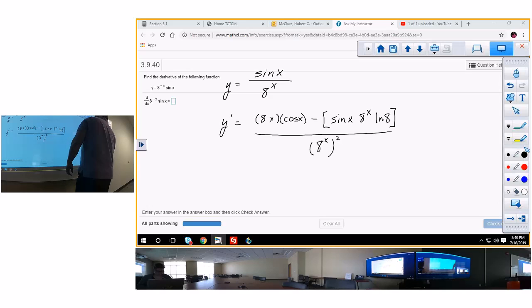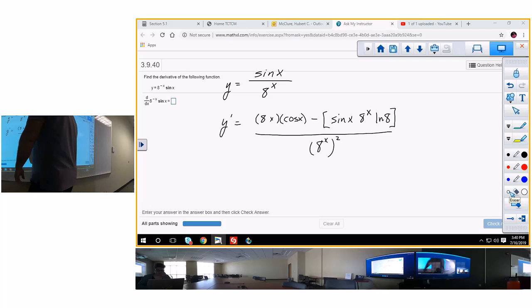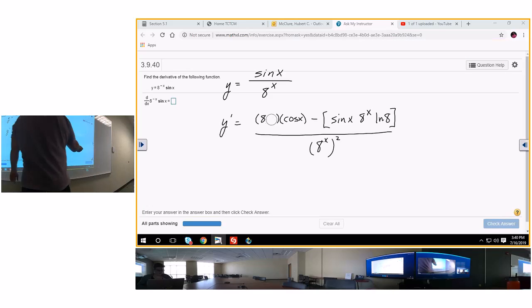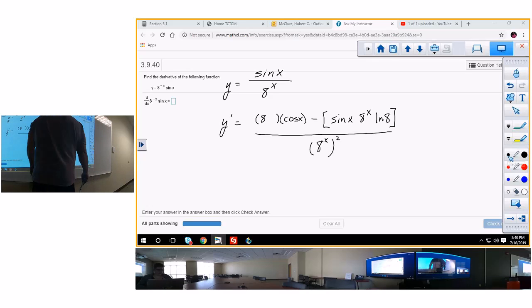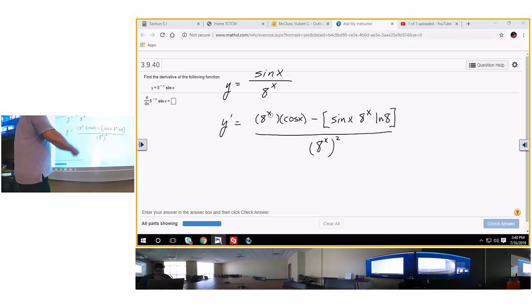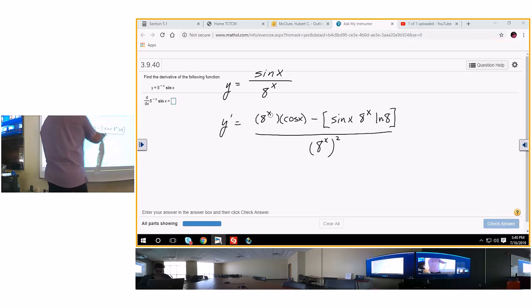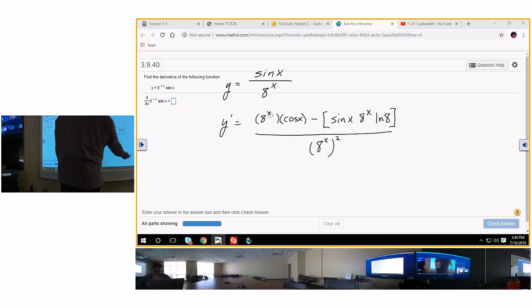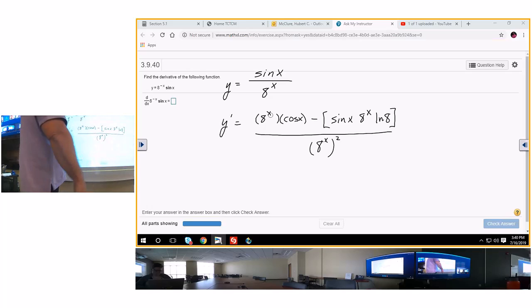It's a whole lot easier doing the product rule and the quotient rule than it is doing the natural log. There we go. So denominator times numerator prime minus the numerator times the denominator prime over the denominator squared. That 8 to the x comes out. I'm just going to pull it out because I want it to cancel with the bottom.